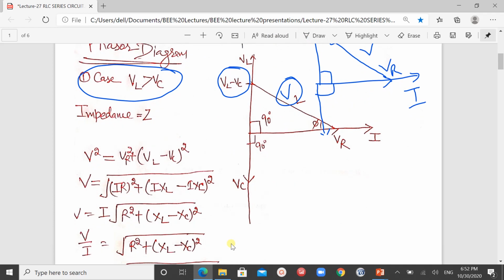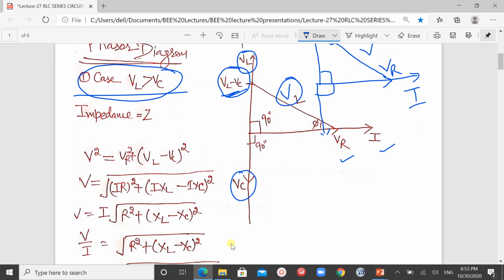On the x-axis we are having the current, and the voltage in the resistance is in phase with current, the voltage across the capacitor lags behind by 90 degree and the voltage across the inductor is leading by 90 degree, and according to this assumption, VL greater than VC, we take this VC upside, it will become VL minus VC. We join these two points and we get the total voltage.